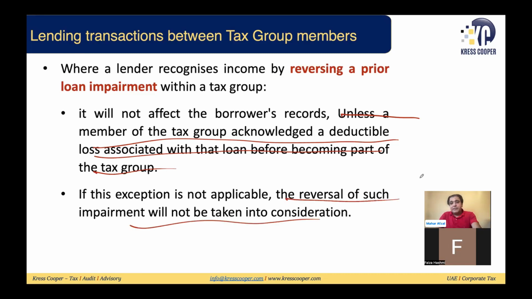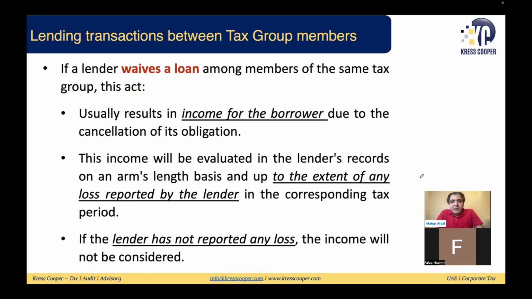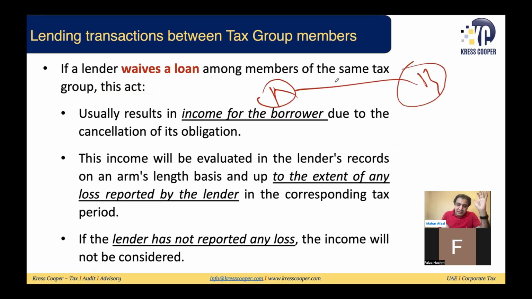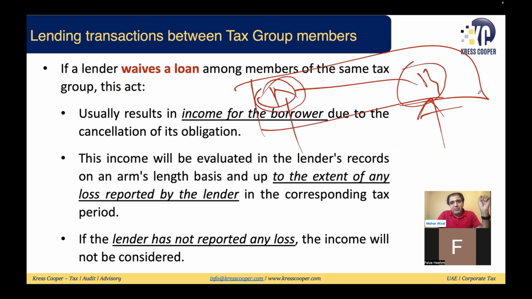Fourth is waiver of a loan. A has given a loan to B, and now A is waiving off the loan. Once the loan is waived off, it will impact the obligation, and B's taxable profit will be reduced. Now A usually results in income of the borrower due to the cancellation of the obligation.